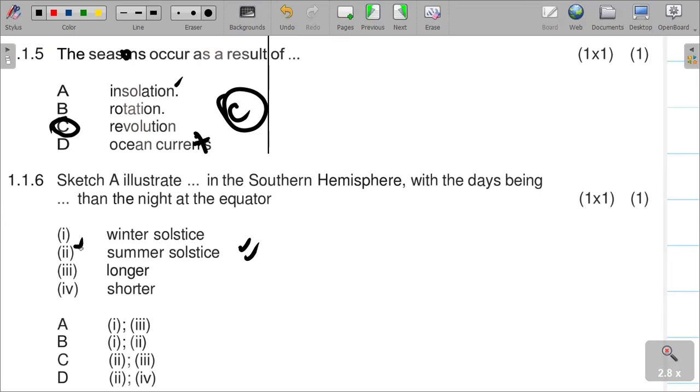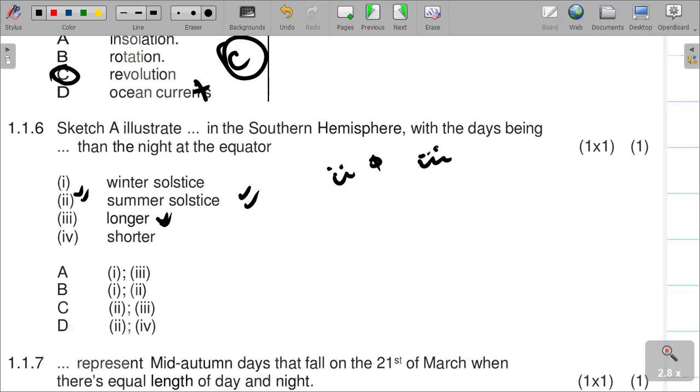It is when the days are longer than the night at the equator, which is 2 and 3. Statements 2 and 3 are correct. Therefore, the answer is C.